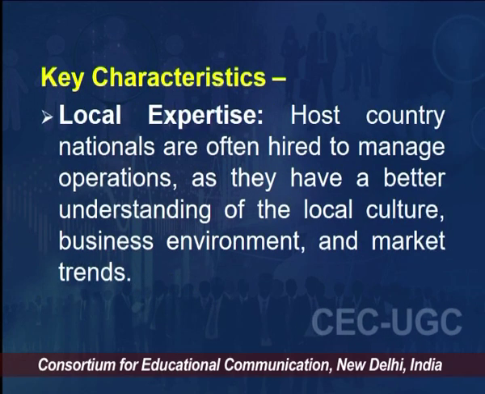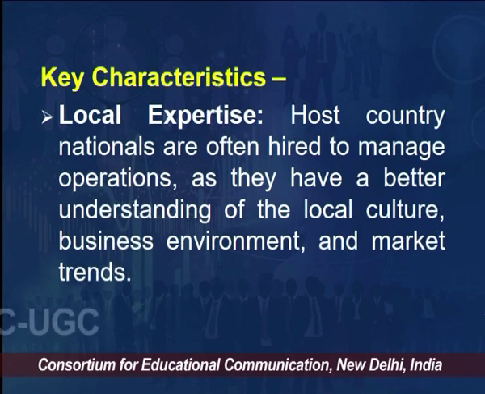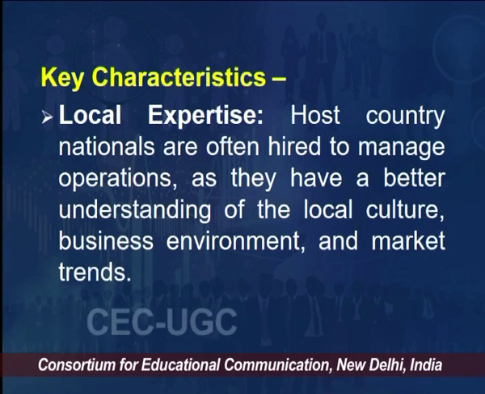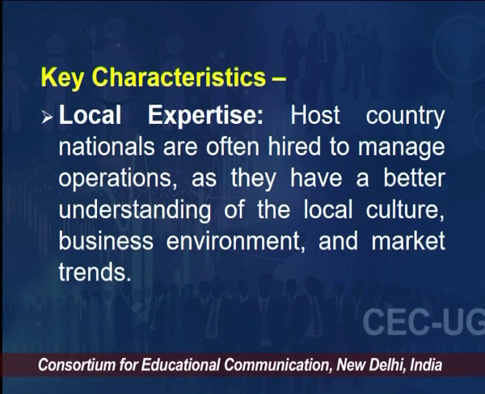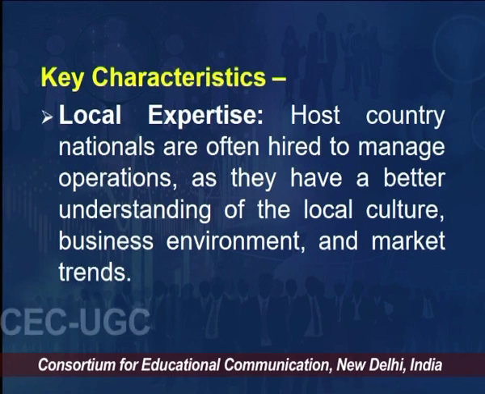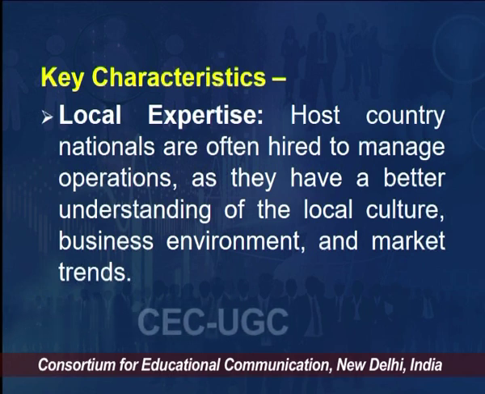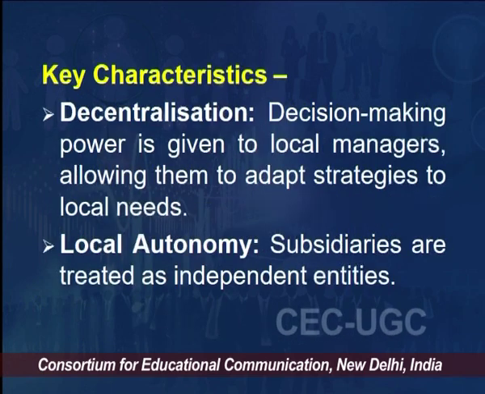So, the key characteristics are local expertise. In ethnocentrism, you have more expats from your home country, but here host country nationals are often hired to manage operations as they have a better understanding of the local culture, business environment and market trends. Decentralization.